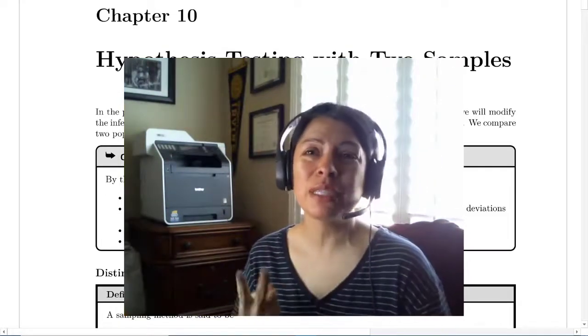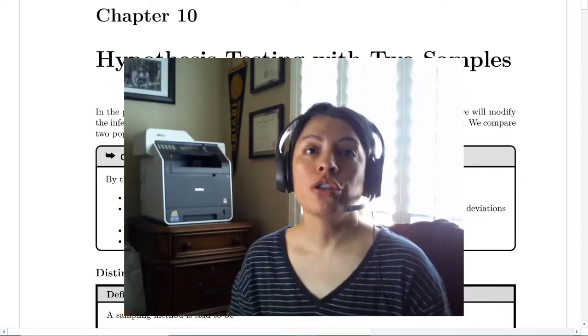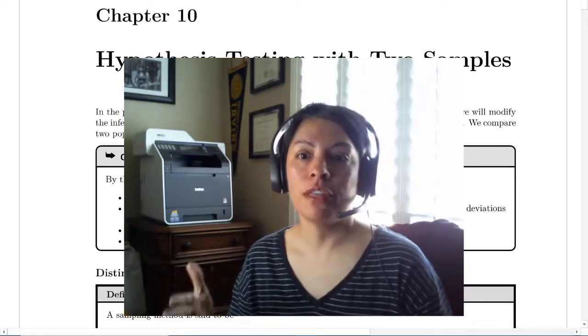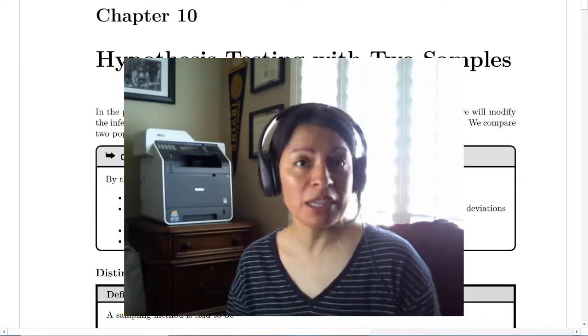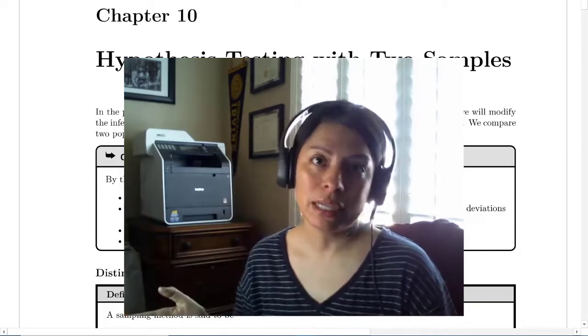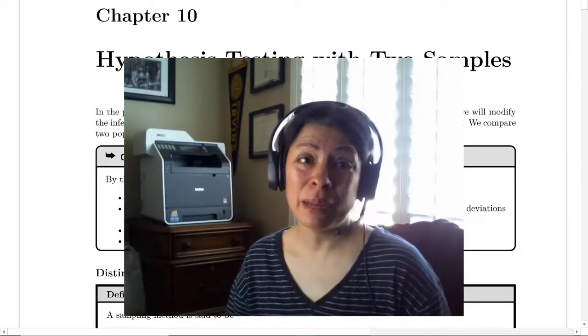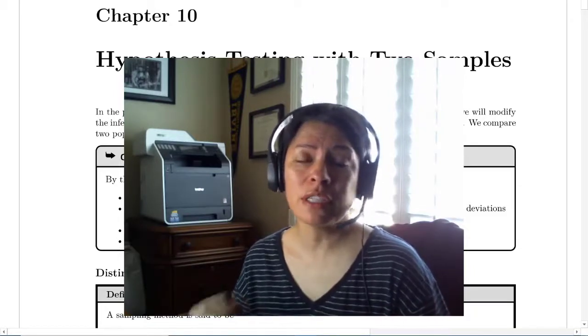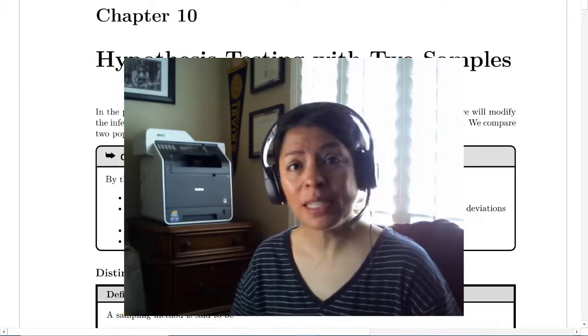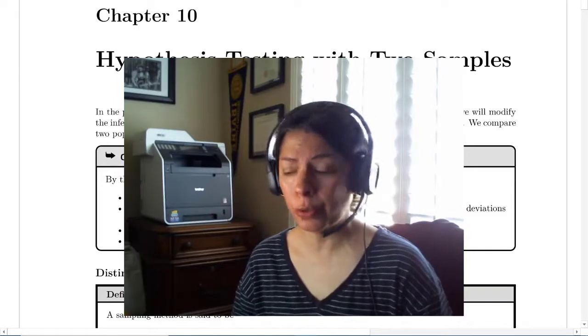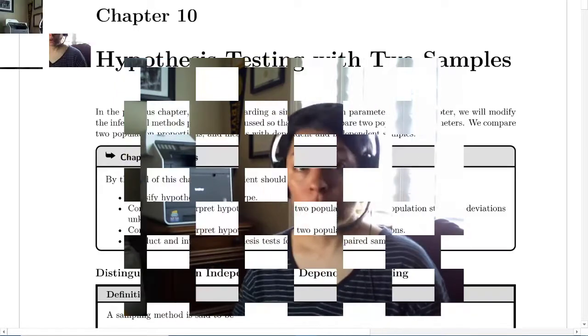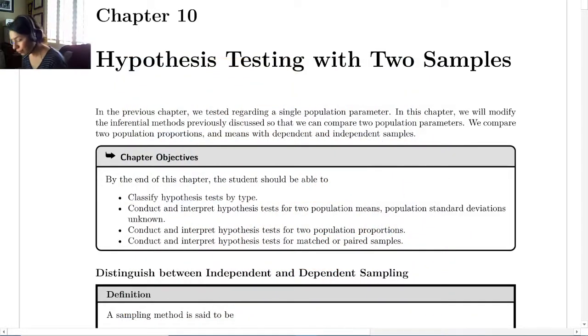So when you're comparing two samples, there are two situations where you're going to have either independent sampling, which is really nice, right? And dependent sampling, which we kind of have to deal with, and so we're going to have a different technique for that. And so that would be chapter 10 that we're going to do. So let's go ahead and start.